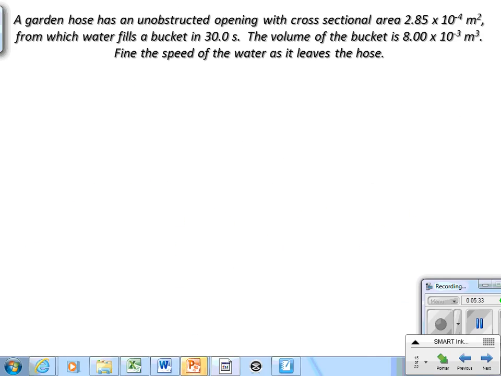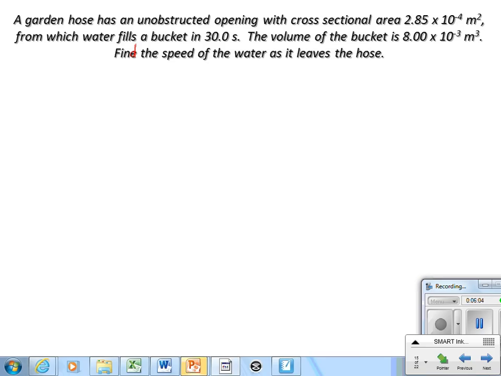Here's a sample problem with this continuity concept. We have a garden hose whose cross-sectional area is given, from which water fills a bucket in 30 seconds. The volume of the bucket is given. Find the speed of the water as it leaves the hose.